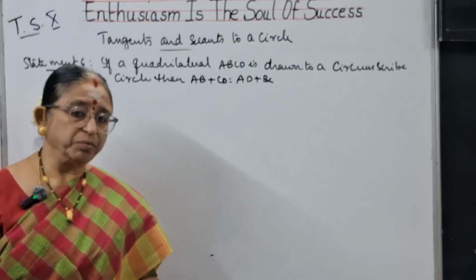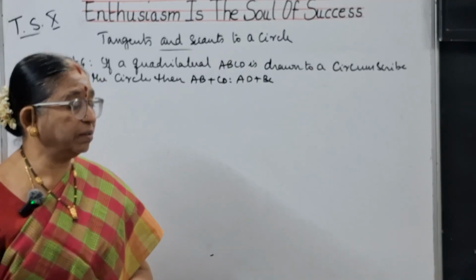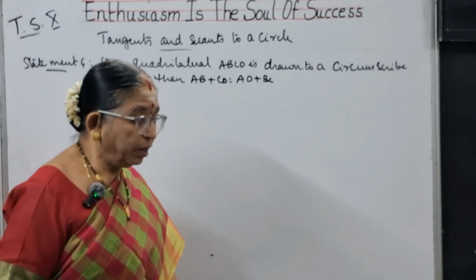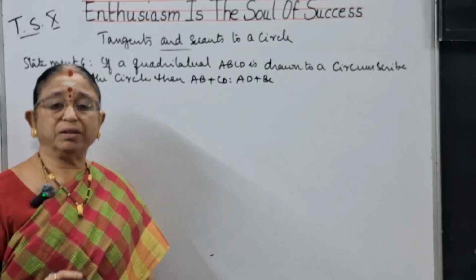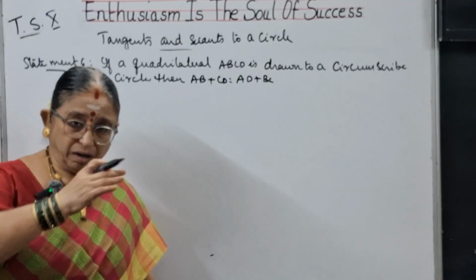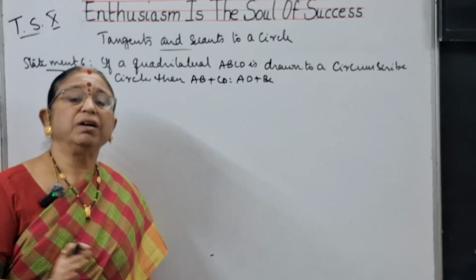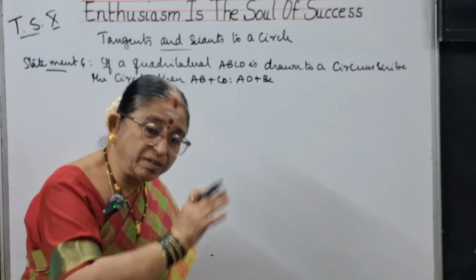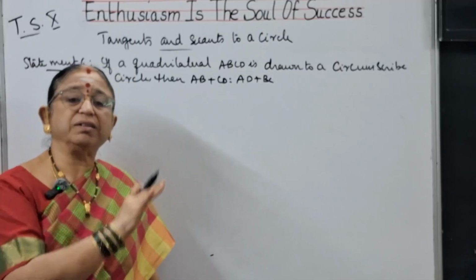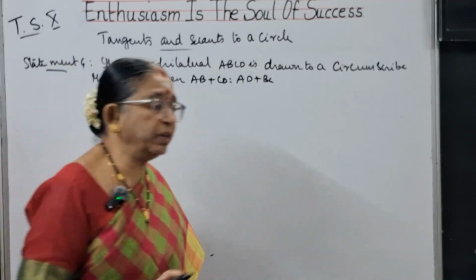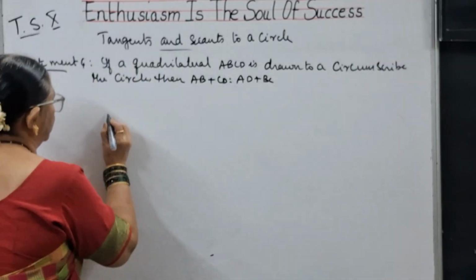Circumscribe means the quadrilateral should touch the circle. Within a quadrilateral a circle is there, and the circle is touching the quadrilateral at 4 points. That is the meaning. So how can you draw it?